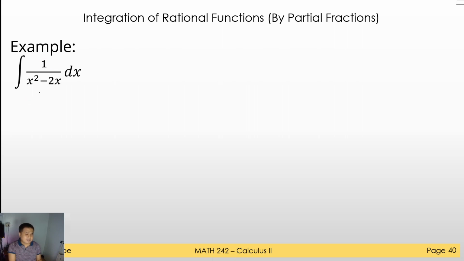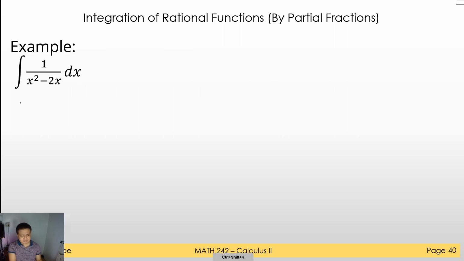So we can use partial fraction decomposition to simplify this integral so that we can solve this. You might try solving this using integration by parts, but you do not have a formula for this, no?